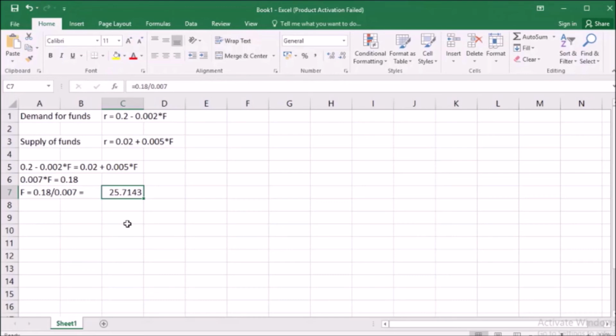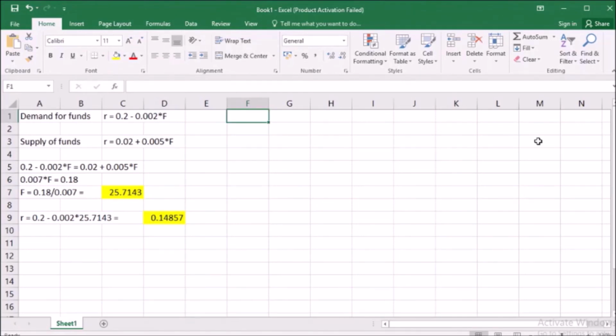Whatever it is, let's say it's in millions of dollars exchanging hands on the loanable funds market. Knowing f, we can find the real interest rates from either of these two equations. I'm going to use the demand equation. Just substitute this number for f. That would give me this equation and the real interest rate of around 14.9%. So these 2 points give us a market equilibrium.